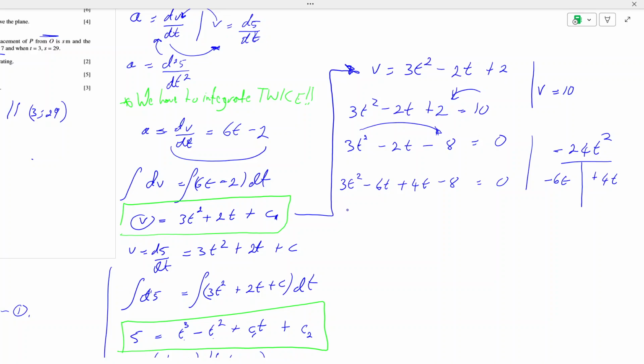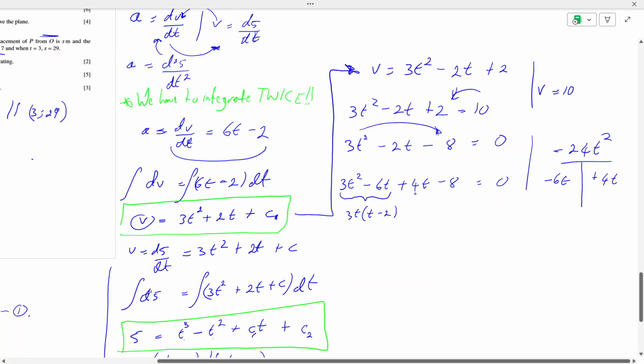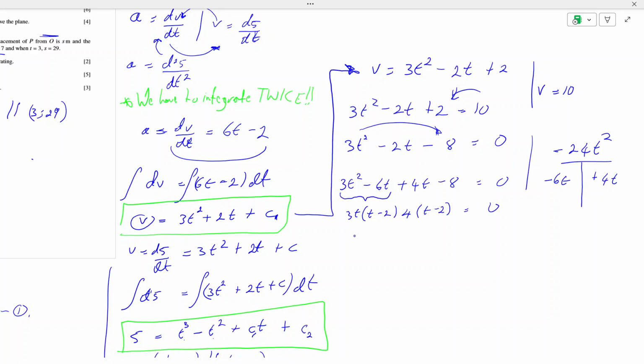And you can factorize. Take out the 3t for this part only. Get 3t, t minus 2. You do the same here. Factor out the 4. t minus 2 equal to 0. Or you could have just used the quadratic formula.